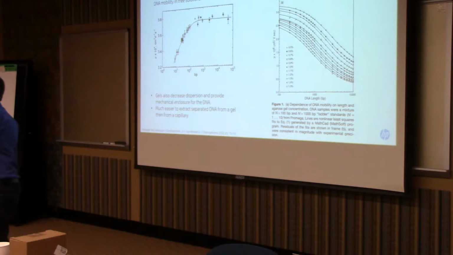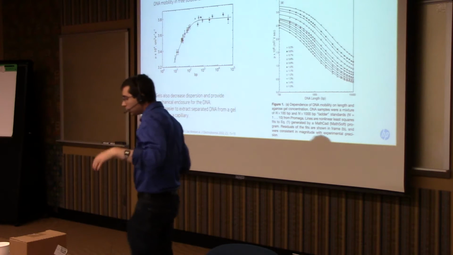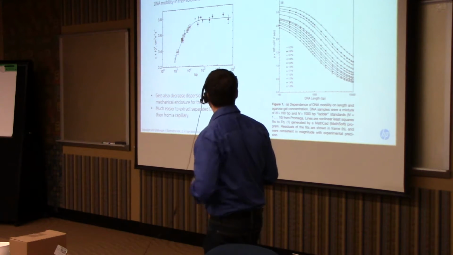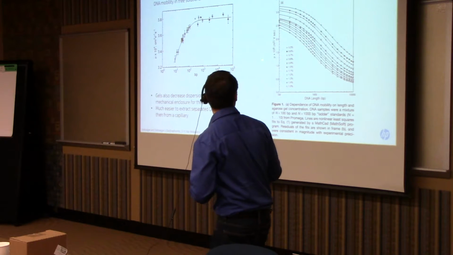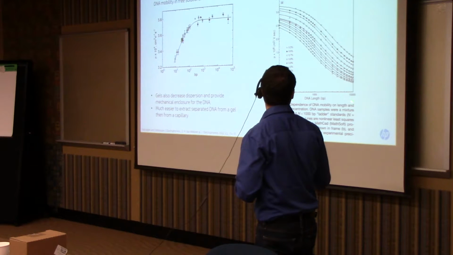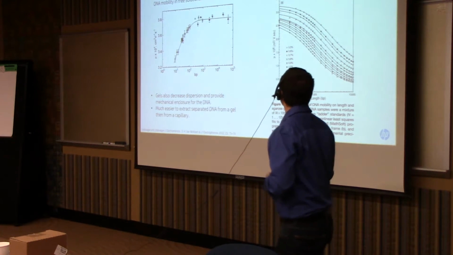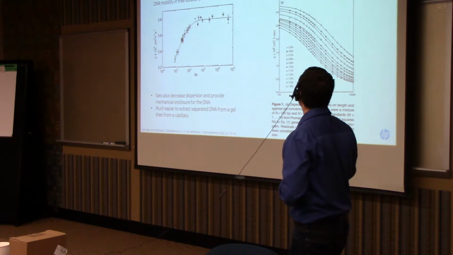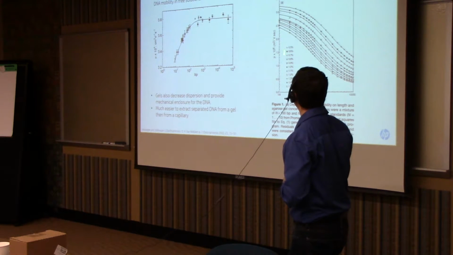And as it does so, it interacts with the gel, and those interactions change its mobility. You can now separate, this is from 100 to 10,000 monomer lengths of DNA, and you can see significant changes in mobility, and you can also tune that mobility by tuning the concentration of your gel.